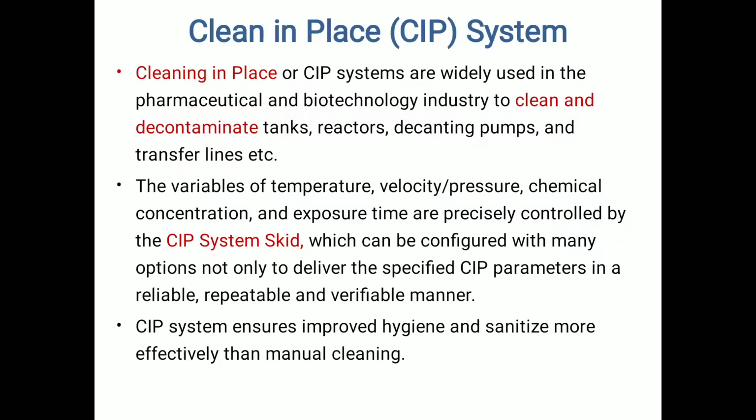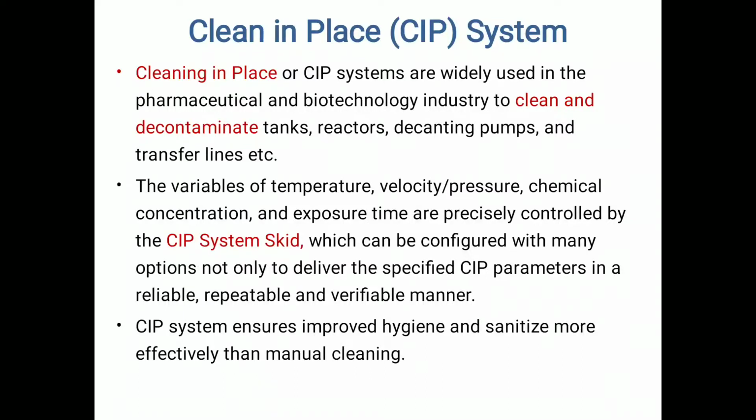Then the next large scale sterilization system is clean in place, that is the CIP system. Clean in place or CIP systems are widely used in the pharmaceutical and biotechnology industry to clean and decontaminate the tanks, reactors, pumps and transfer lines. Actually, this system is mainly used for cleaning purposes, but decontamination or mechanical removal of microorganisms can be done with the help of this system.